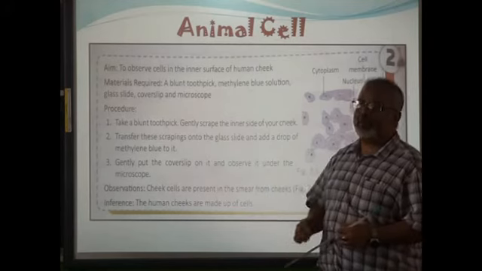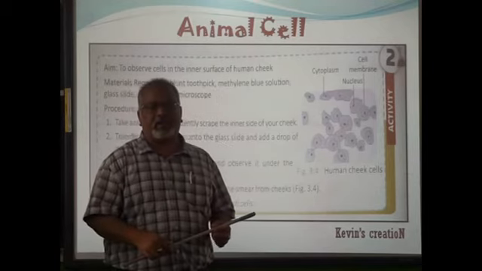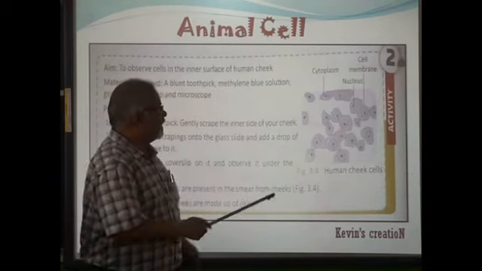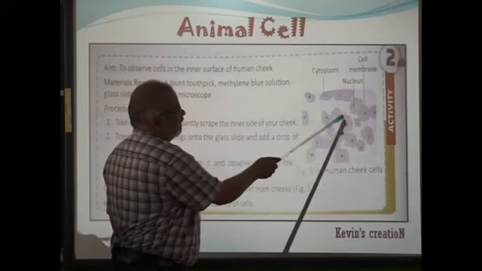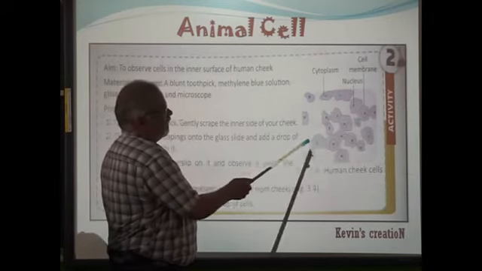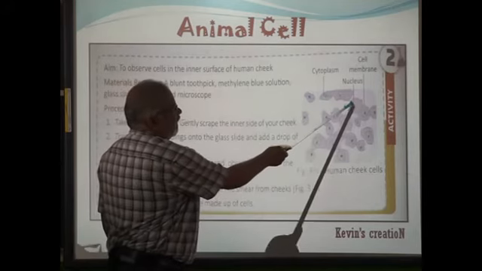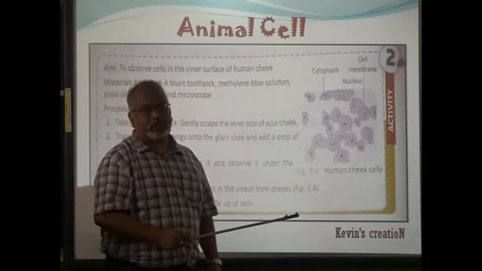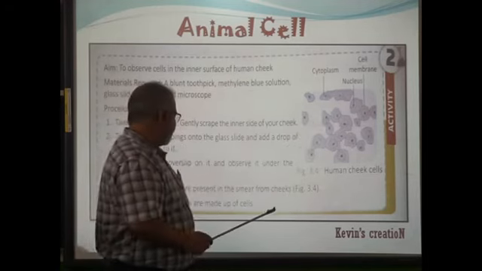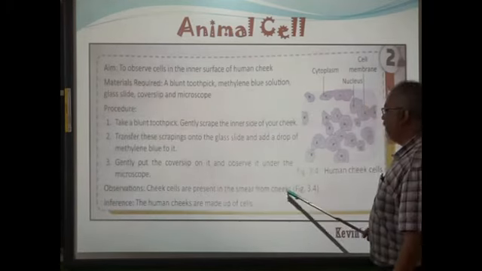So once you place your glass slide in the microscope and observe it, you will find something like this. These are the animal cells. And you have the cytoplasm inside. And these structures which are dark, they are the nucleus. Check the cells present in the smear from the cheek.